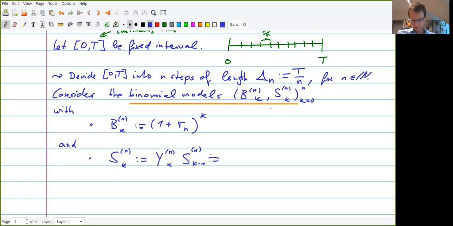This is what you have seen, a standard model. We just have this extra index because we actually have a sequence of models.